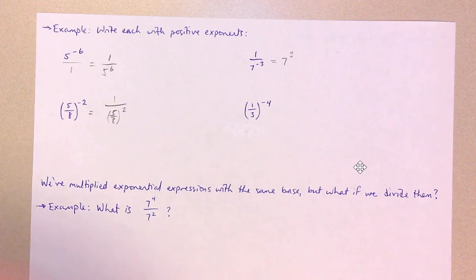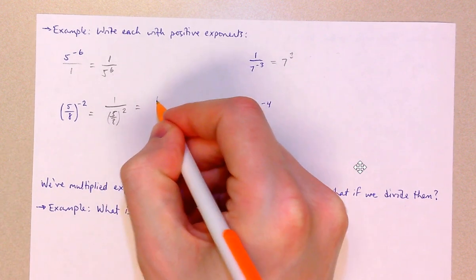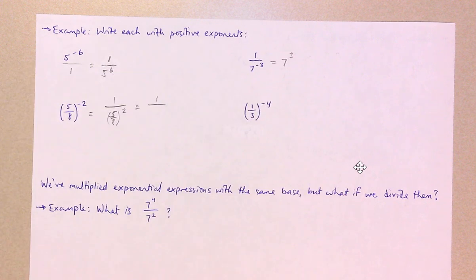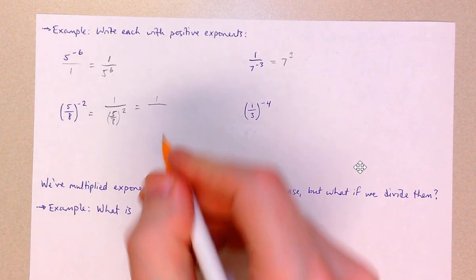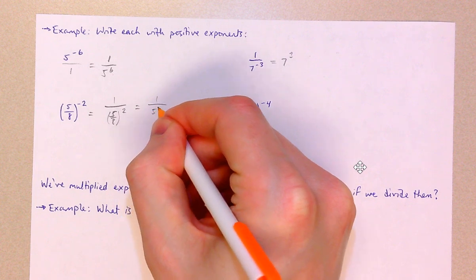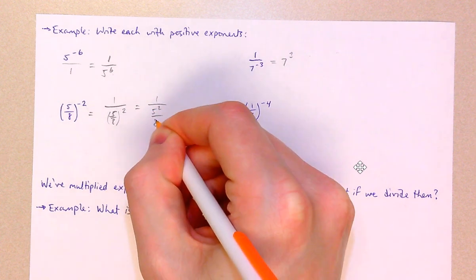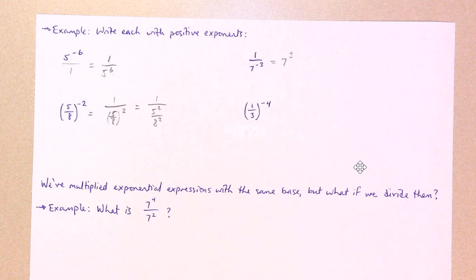Well, by using properties of exponents that we learned from our previous video, the bottom is 5 squared divided by 8 squared. And we know that if you divide by a fraction, that's the same thing as multiplying by its reciprocal.